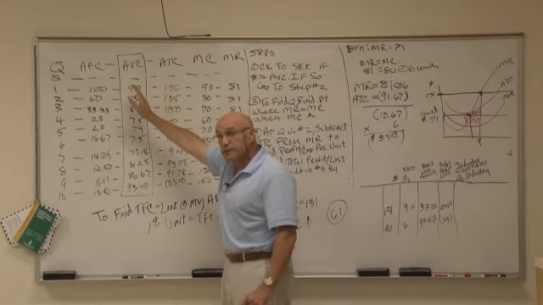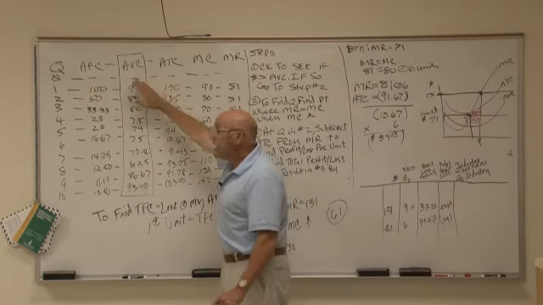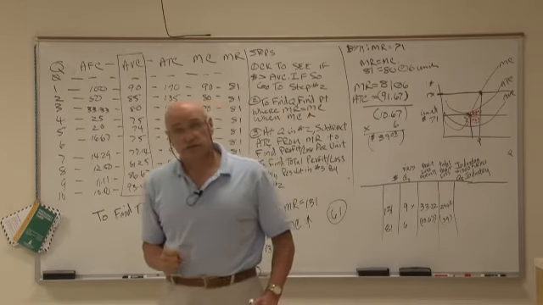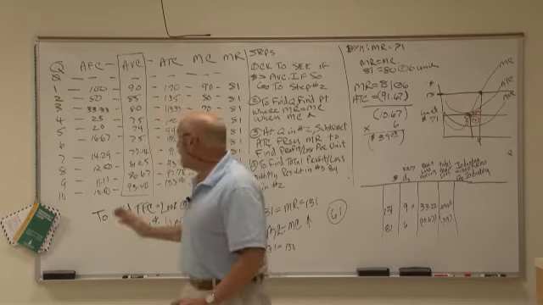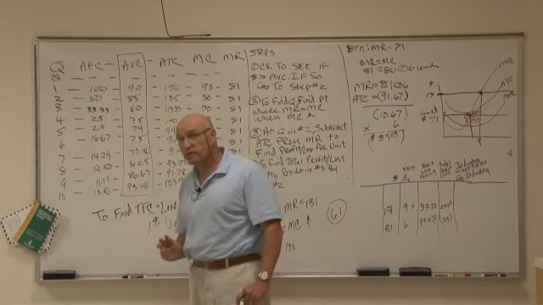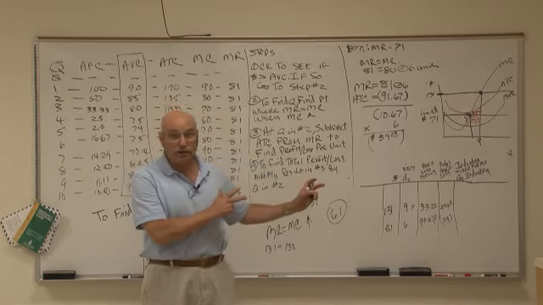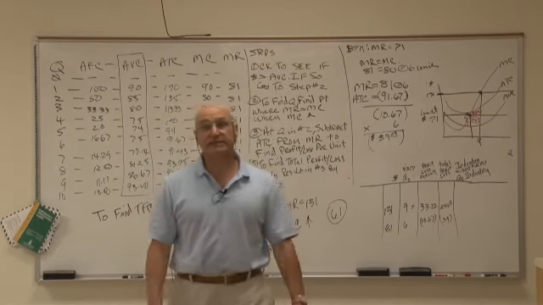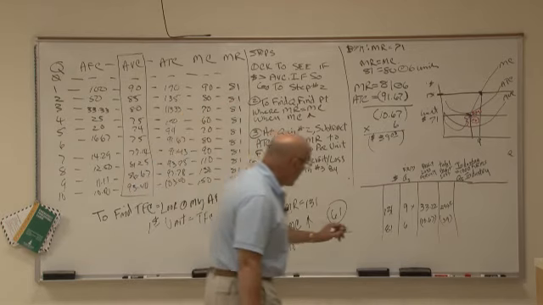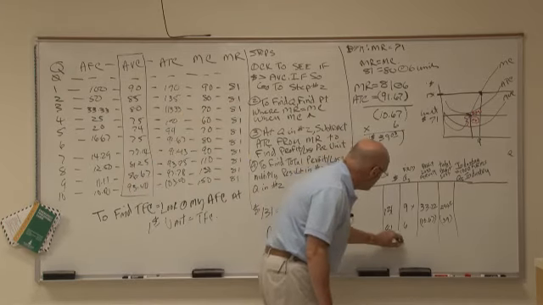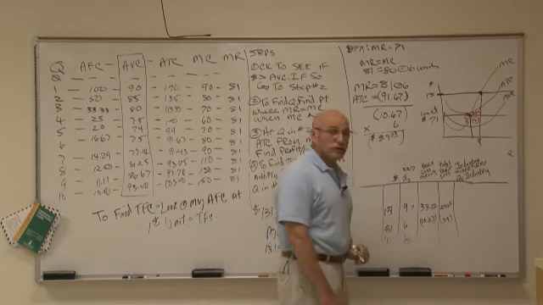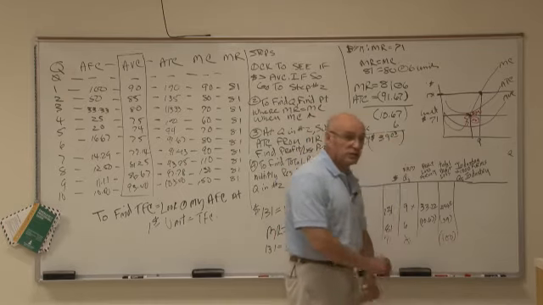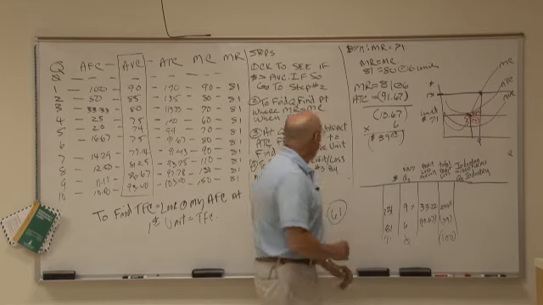They're only going to give me $71, and I can see that my average variable cost in all of these situations at any quantity here is greater than what people are going to pay me. So therefore, at that point, I decide it's cheaper for me at a price of $71 to produce 0 units. And I have a total loss of $100, which is equal to my fixed cost.